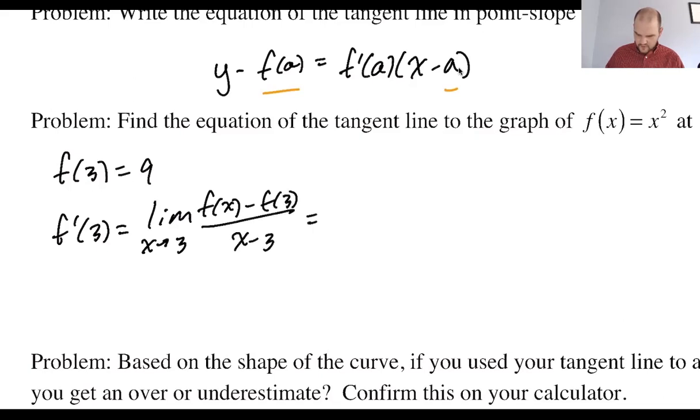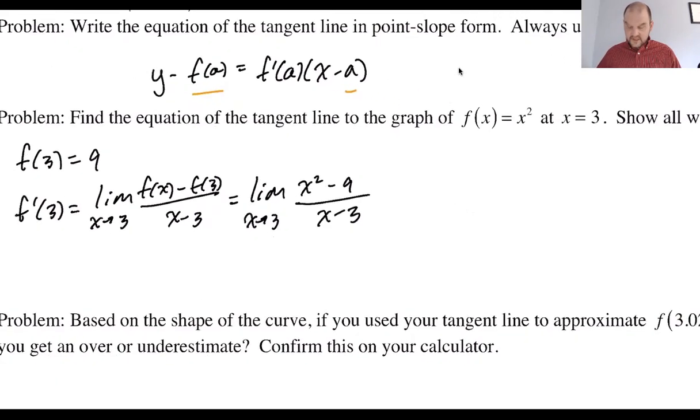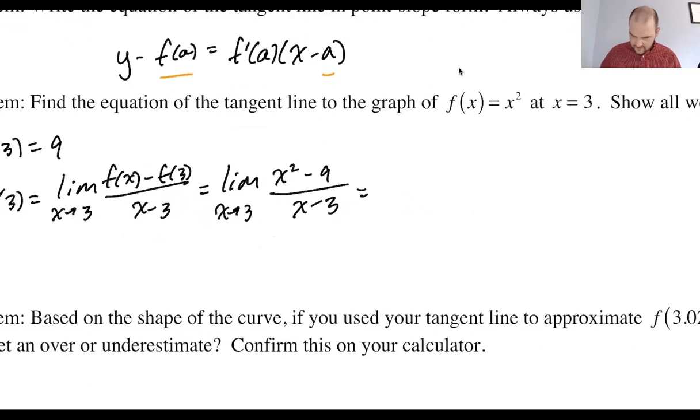All right, so what work will that be? Limit as x approaches 3. f of x is x squared minus 9 over x minus 3. So far, so good. This looks like a limit that I know how to evaluate. If I plug in 3, I get 0 over 0. So I'm going to do some algebra. The algebra I'll do here is factor: limit as x approaches 3 of x plus 3 times x minus 3 over x minus 3.